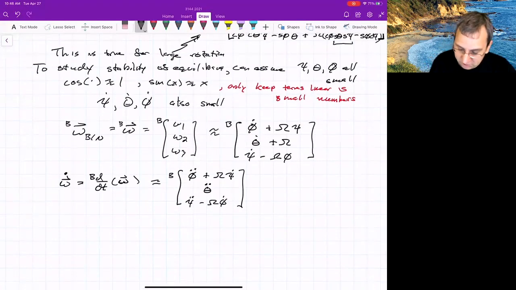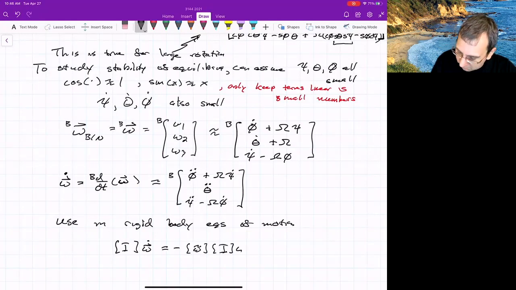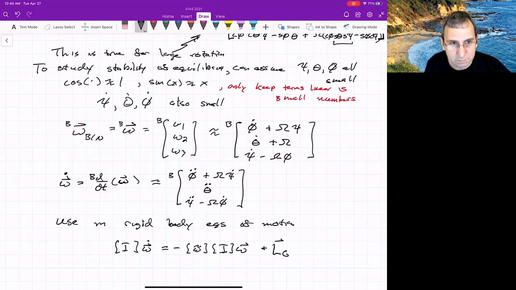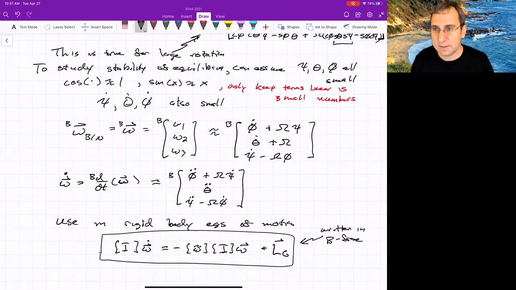And then we could use this in the rigid body equations of motion: I omega dot, and I'll just rewrite it, minus omega tilde I omega, plus the moment. This is written in the B frame. And we have to stop there, but that's where we'll continue next time to get the linear stability.